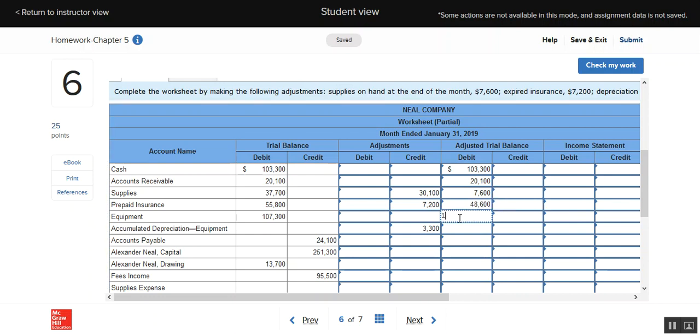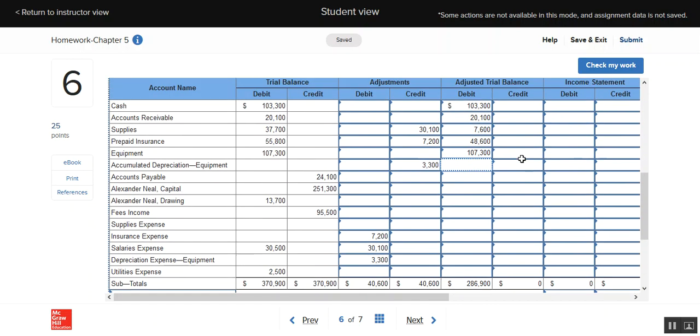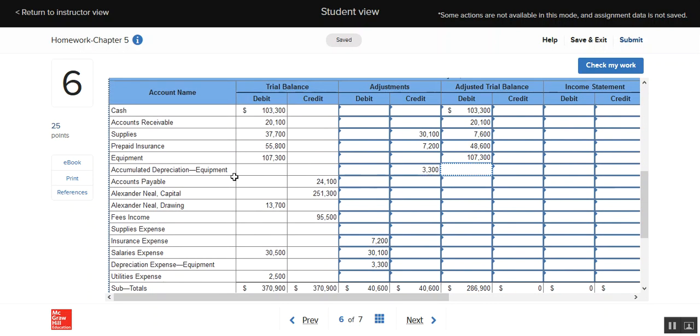Equipment was $107,300. We did nothing to it, so it's still $107,300. Oops. Your accumulated depreciation had no balance to start with, and we had an adjustment of a $3,300 credit. So the amount of the balance is the adjustment. That's the only thing that happened to it was that credit, so that is the balance.